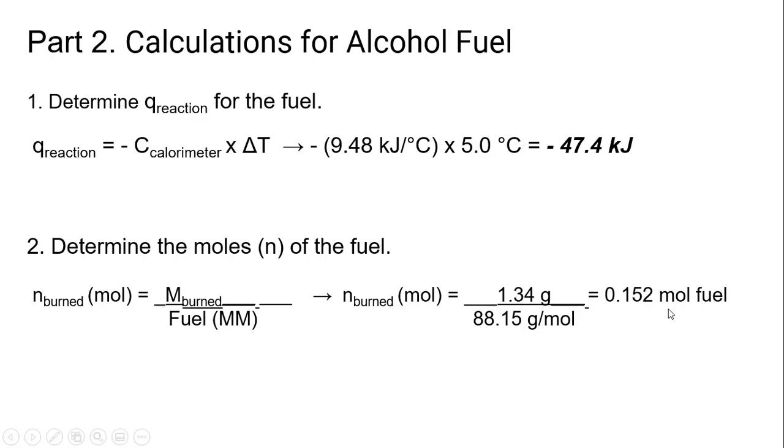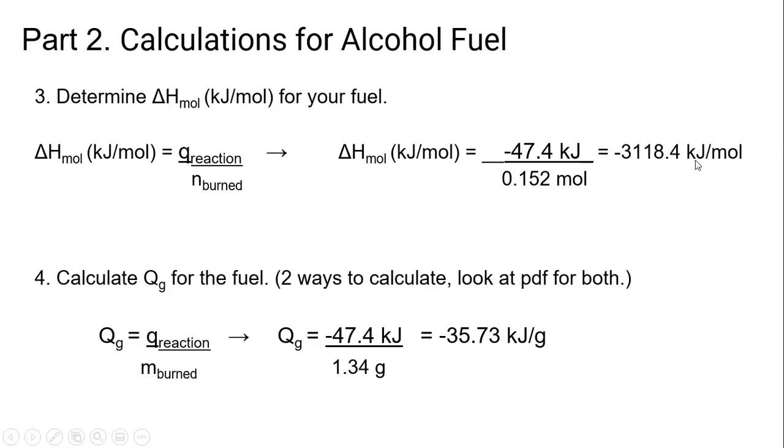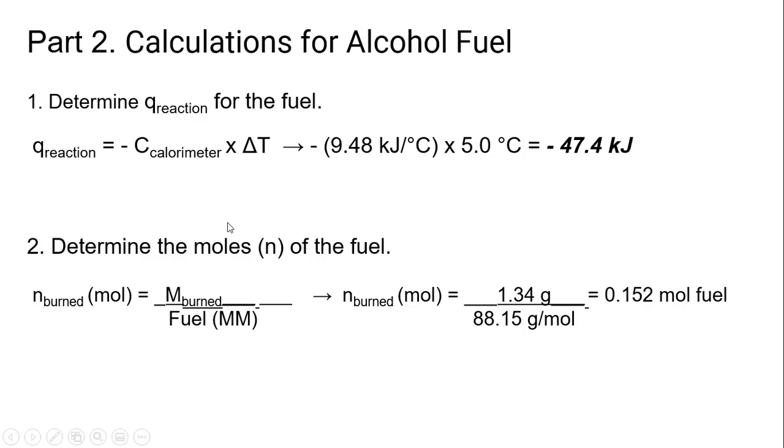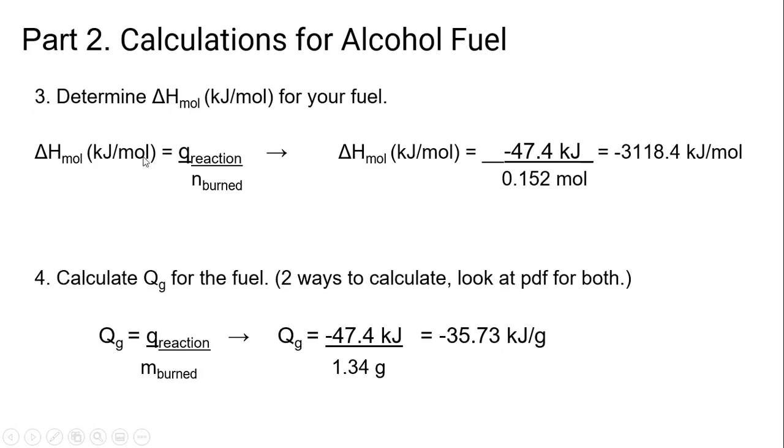We have our moles from the second part, and we simply set them up, and that gives us, make sure you keep the negative sign, negative 3,118.4 kilojoules per mole. That's one of the things that we had to solve for. Actually, 3 of the things. We solved for one here, we solved for one here, and this is the third one here.